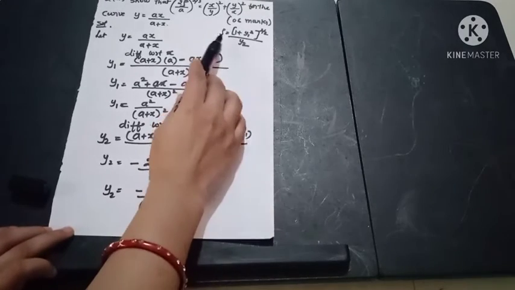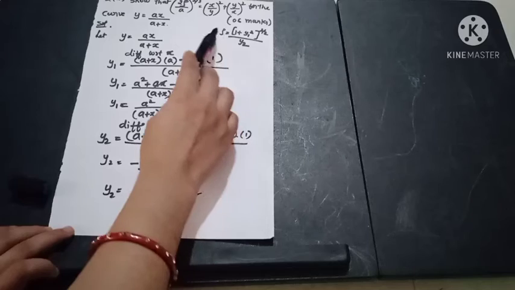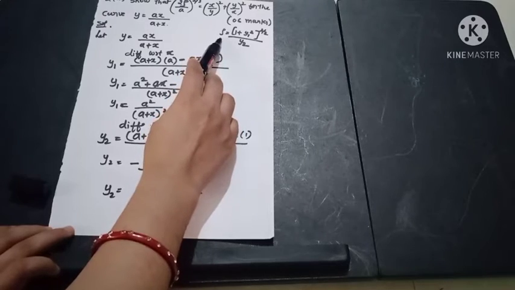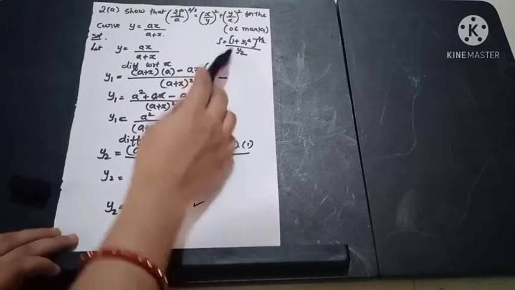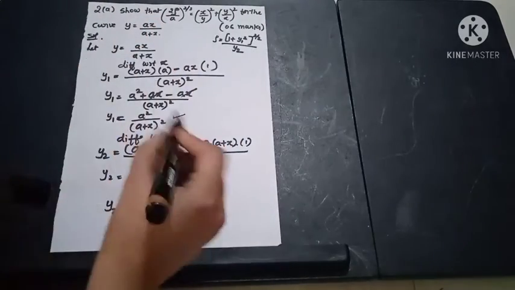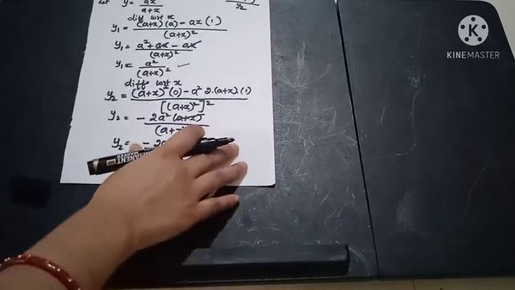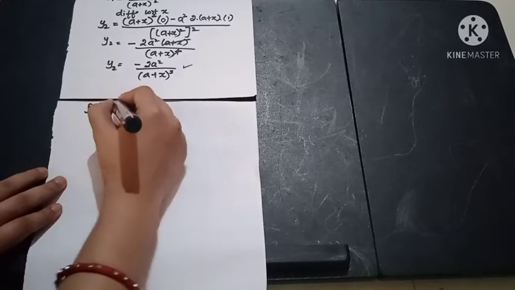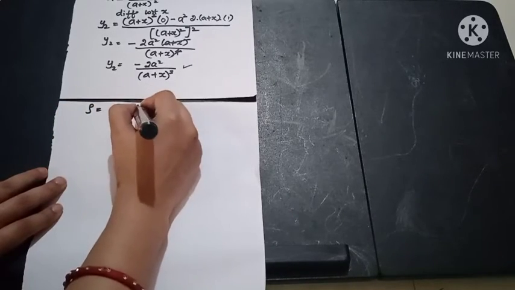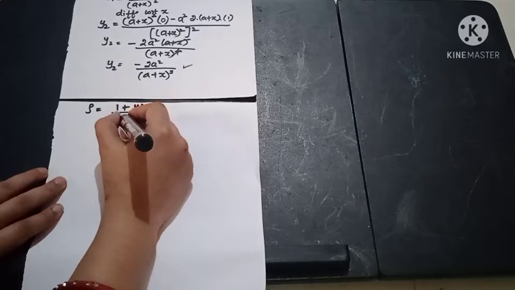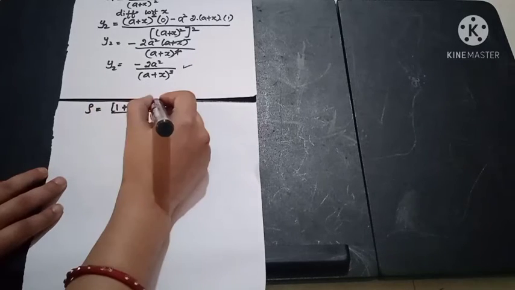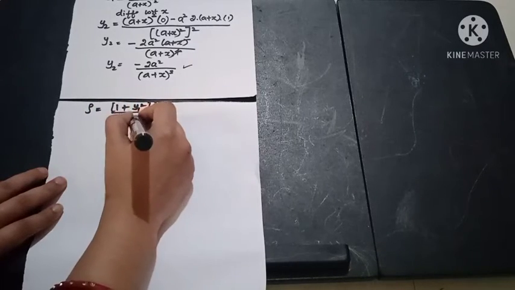So the next step is to substitute y1 and y2 in the formula of radius of curvature. Then it reduces to this form. The radius of curvature formula is 1 plus y1 whole square, whole to the power of 3 by 2, upon y2.